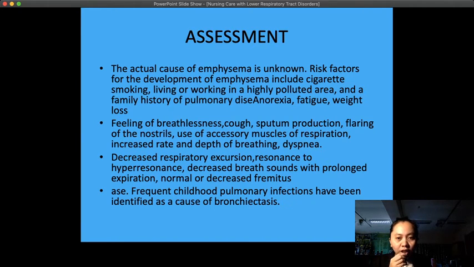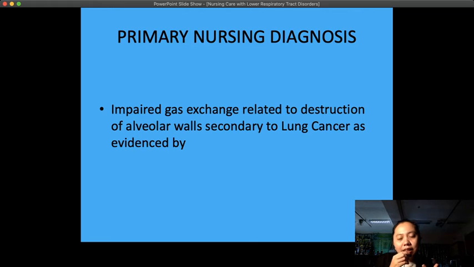Cough, sputum production, flaring of the nostrils, use of accessory muscles of respiration, increased rate and depth of breathing, dyspnea, decreased respiratory excursion, resonance to hyperresonance, decreased breath sounds with prolonged expiration, normal or decreased fremitus, okay, and then frequent childhood pulmonary infection.